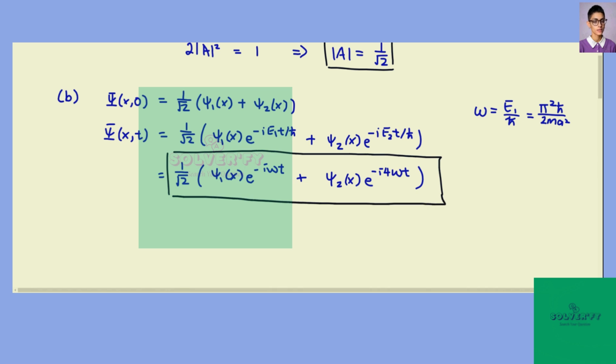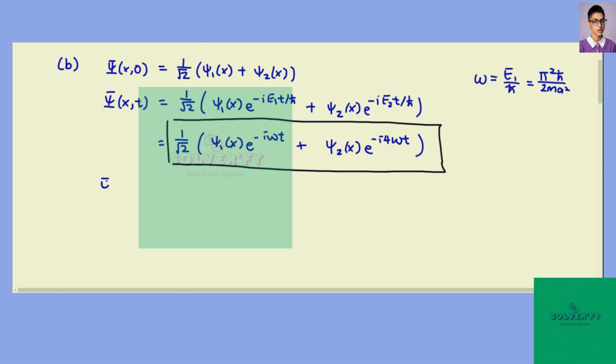Then if you want to find the probability density, which is the mod square, just remember that psi 1(x) is root 2 over a sine pi x over a, and psi 2(x) is root 2 over a sine 2 pi x over a.